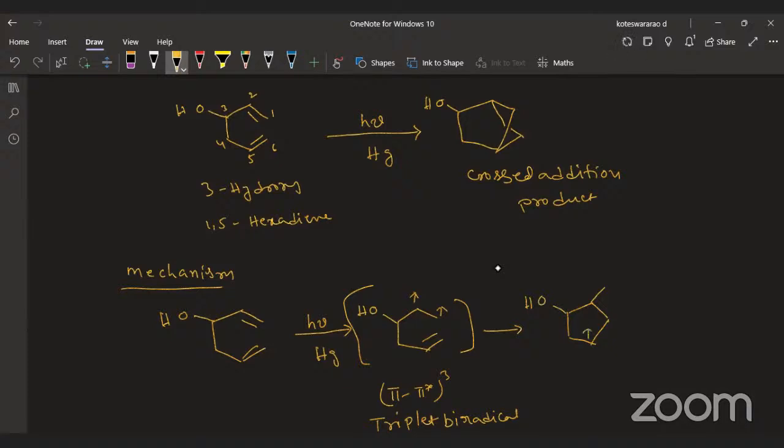One electron is here, another electron is here. Now this step is called cross addition, the first cross addition. Later, these two electrons combine together. That leads to the formation of the product. Second cross addition.